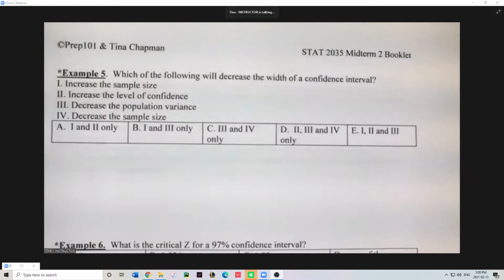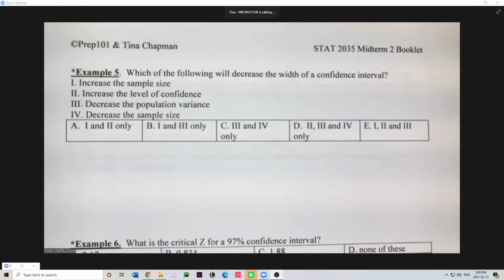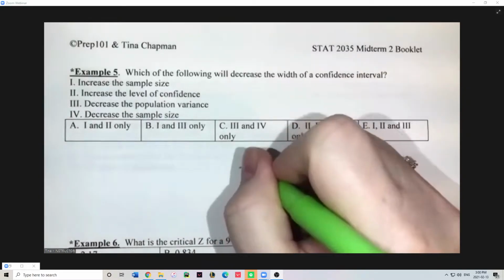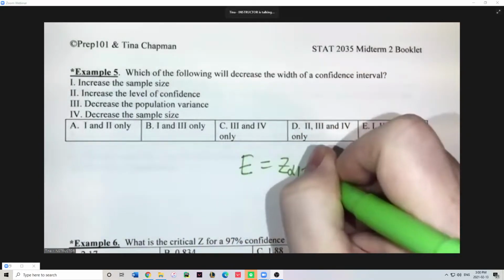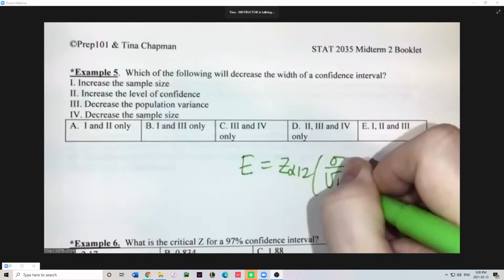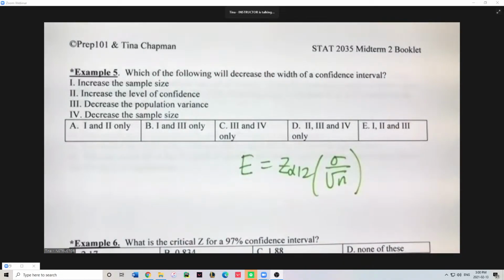Which of the following will decrease the width of a confidence interval? So we've got critical Z times sigma over root n. That's our margin of error formula.